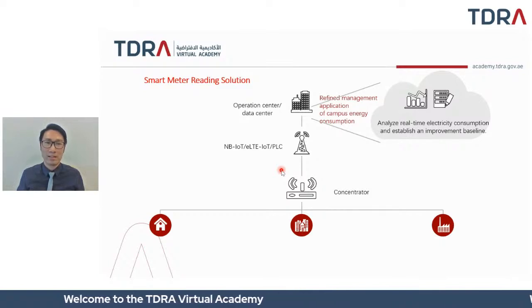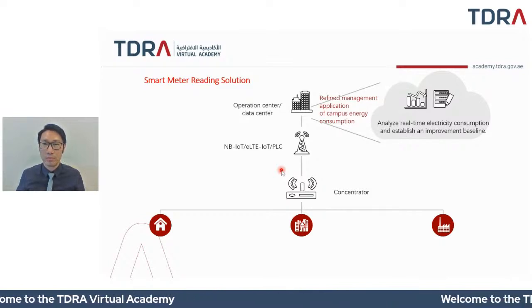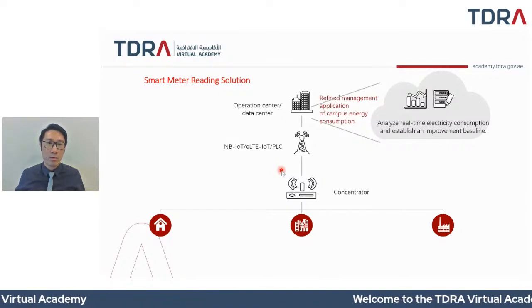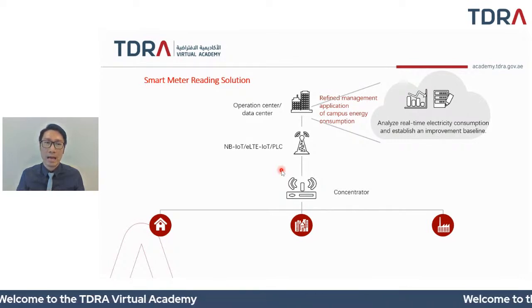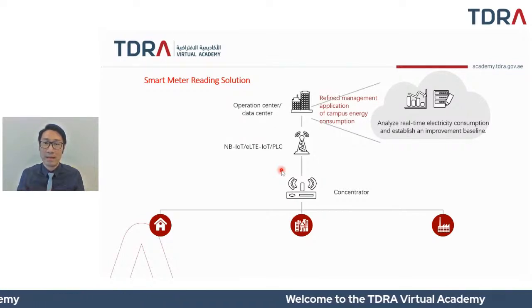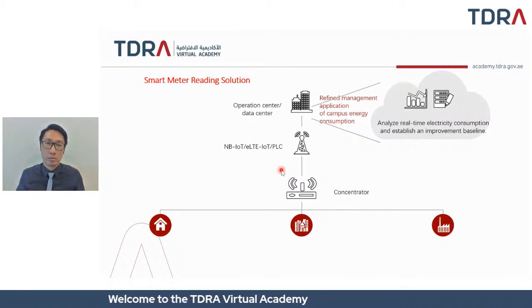So when you have the smart meter reading solution, actually you can get your electric usage every day. So you can track your electric usage and you can have more electric saving equipment so you can monitor your usage.